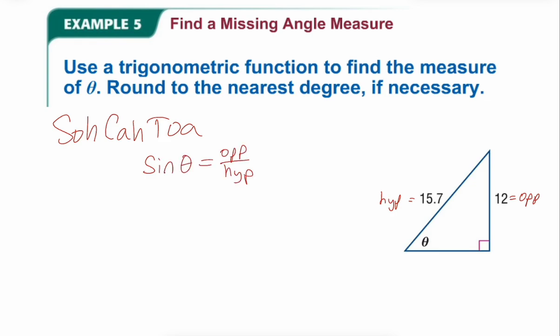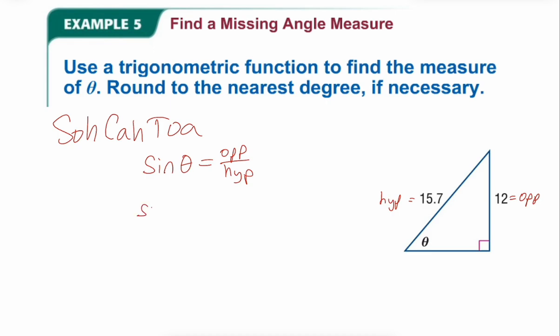So you'll see how it's exactly the same procedure that we did in example 3. We labeled the sides or the angles, whatever we had to label. We found the appropriate trig function. We wrote the formula down. So you'll notice nothing has changed from what we did for example 3. But now let's put everything in.